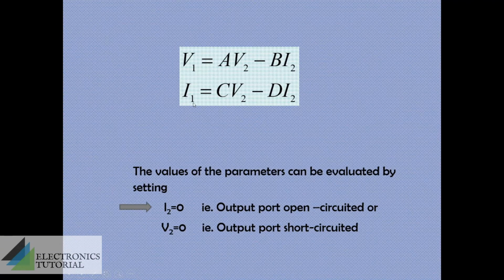The same condition can be applied to the second equation. Now this term will be inactive and the remaining will be I1 is equal to C V2, and thereby we can obtain the value of C as I1 by V2.